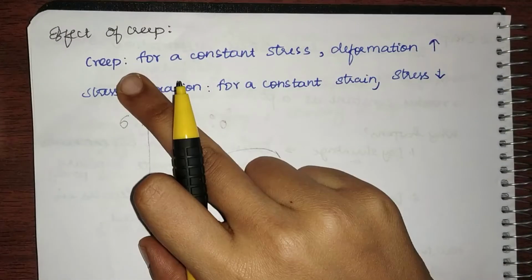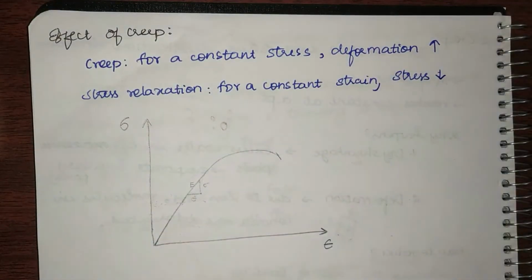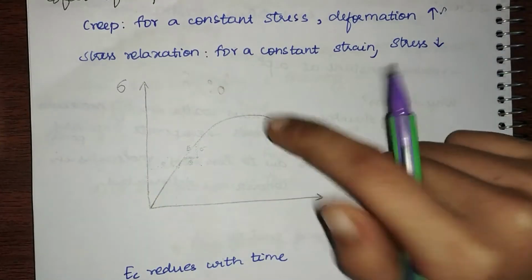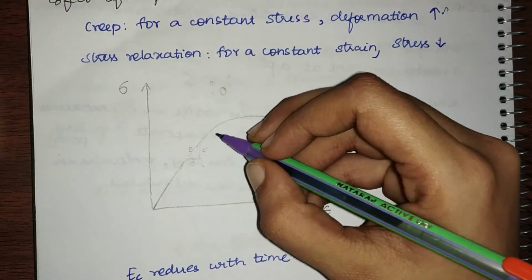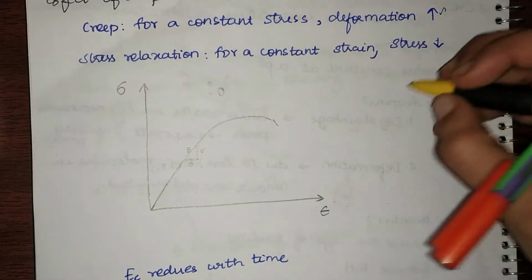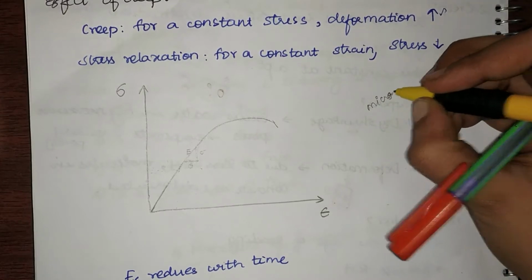So we know that creep means that for a constant stress, the deformation increases. That is our definition. So let us look at the stress strain curve of concrete. This may look like a linear structure, but in reality the stress strain curve of concrete is non-linear, because of the micro cracks that develop as soon as the concrete is loaded.